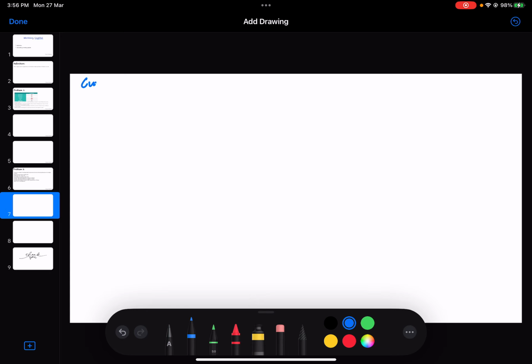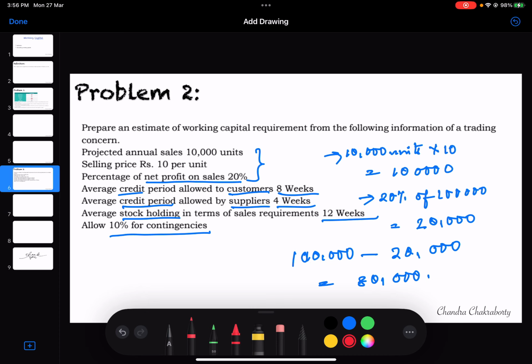First, as we know, we have to calculate the current asset, right? So let's calculate the current asset. So for debtors, if no information is given, you can consider that 1 year equals 52 weeks and you can do your calculation based on that. Okay. So for debtors, it is 8 weeks, right?